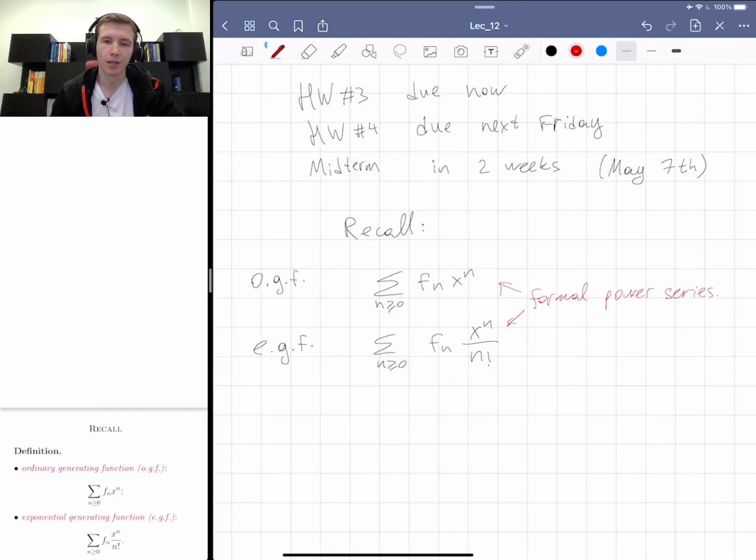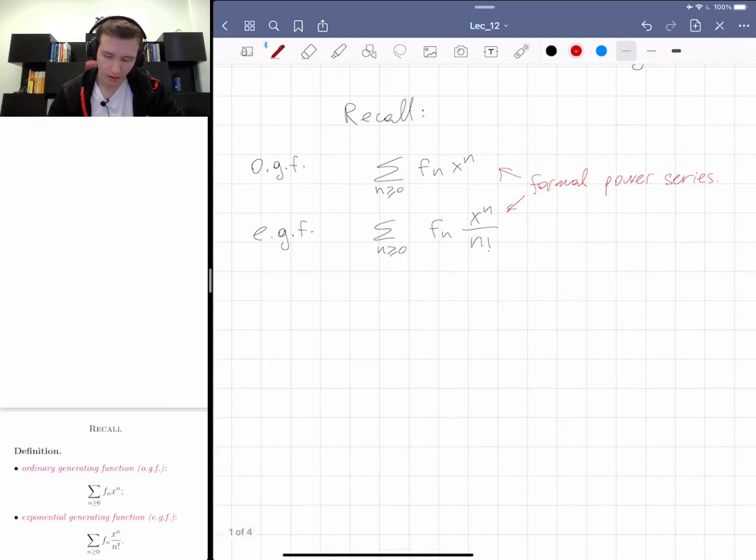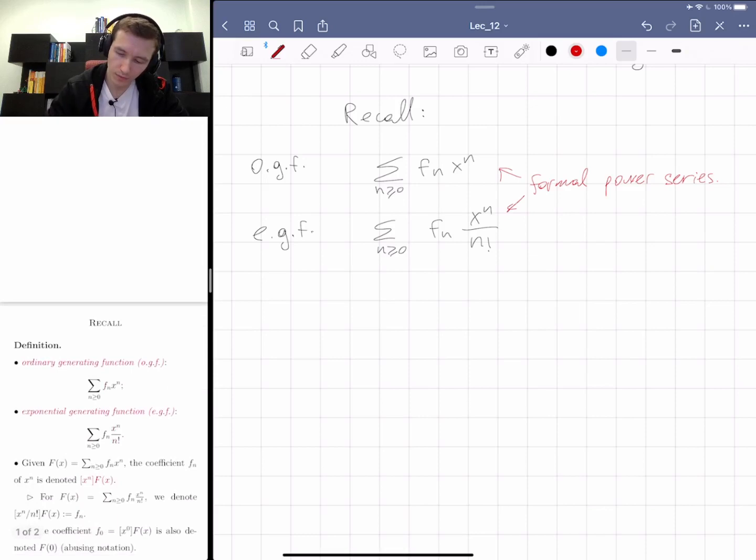And today I want to try to actually compute some stuff we either couldn't compute before, or it was hard to do combinatorially. I'm just going to try to do it by manipulating functions as I would do in calculus. So before I do that, let me try to introduce a few more operations. So first of all, I'm going to use convenient notation for the coefficients.